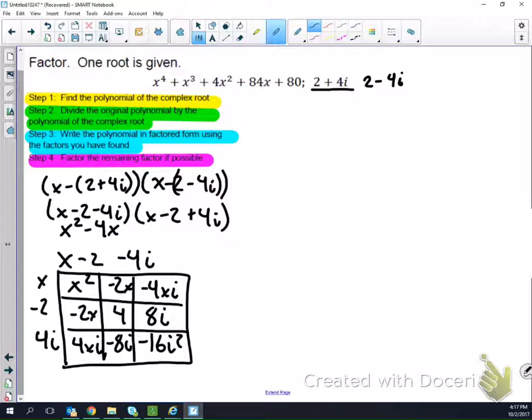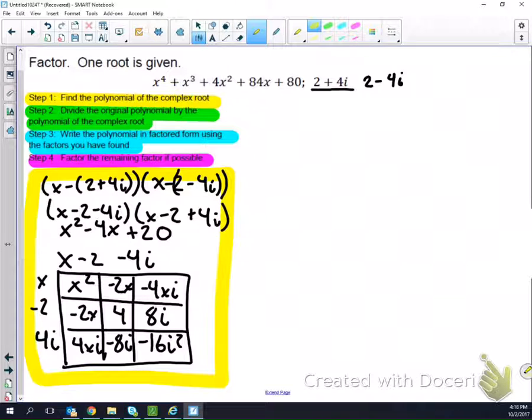Now I've got that negative 16i squared, so negative 16 times a negative 1 is going to be positive 16. 16 plus 4 is 20. So this was all of our work for that step 1. All right, so that's how we found the polynomial from the complex root.